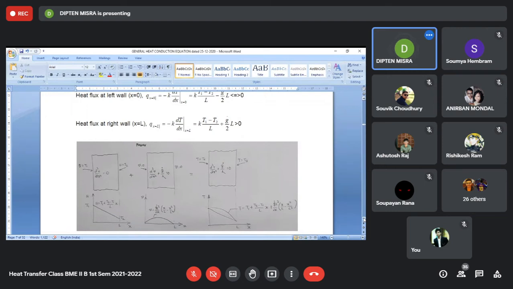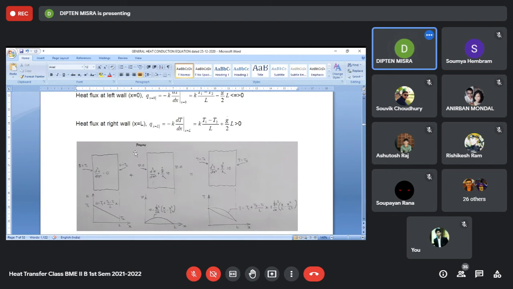Suppose your temperature is the cause for this heat flow, and that temperature capital T, if we denote this as a summation of two different unknowns, T is the dependent variable, the unknown that we are trying to find out. And if I define this T as equal to two more unknowns, U plus V.